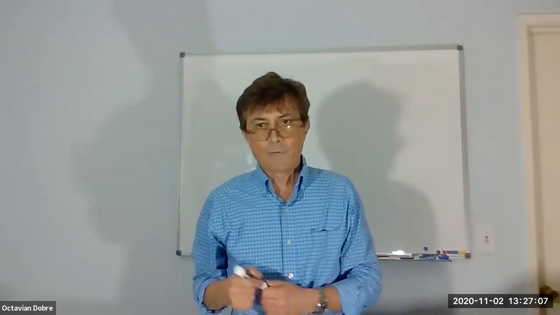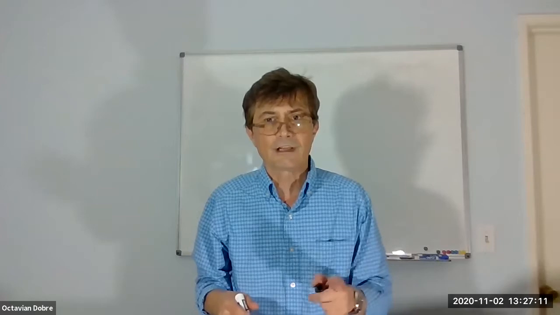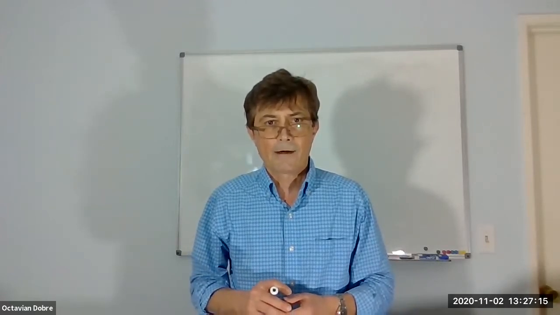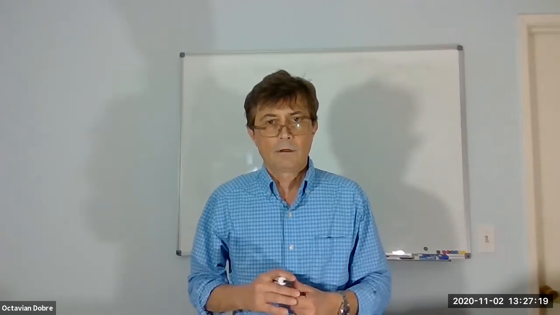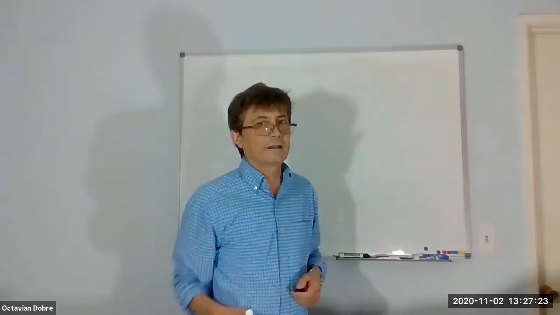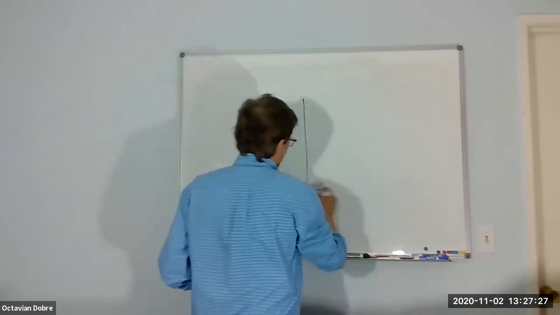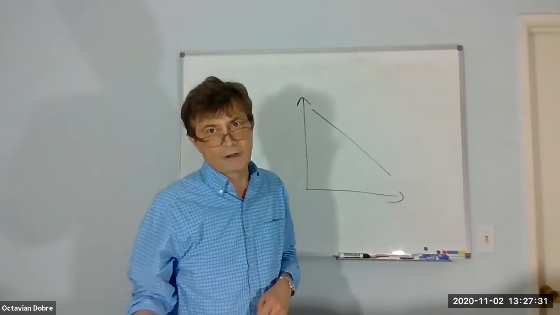Question: for a monopolist, what does a monopolist have to do in order to sell additional units? They have to lower the price. They have to lower the price because a monopolist is faced with a regular, normal demand curve.